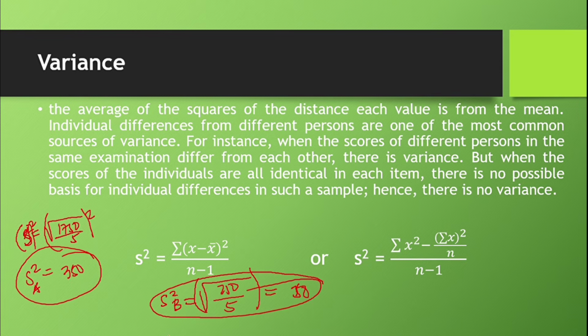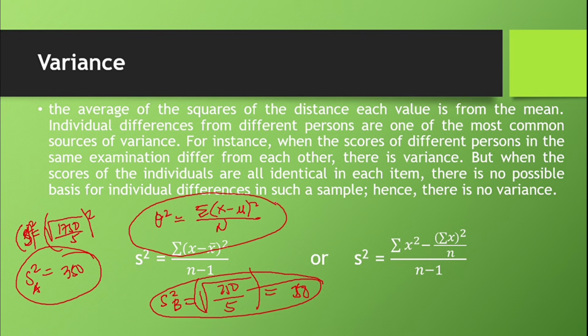So we could say that the lesser variance is less variable compared to the bigger variance, or we can say that B is more consistent, performs consistently, because B has a smaller variance compared to A. Again, the formula for the population variance is the summation of x minus mu, squared, over n.